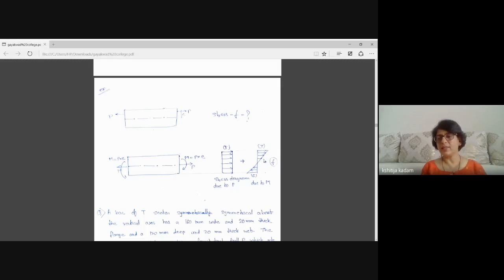So understand that it is not necessary that if you are pulling, only axial effect will happen. No, you have to understand the behavior, how it is deflecting, and accordingly you have to use the formula to find out stresses.